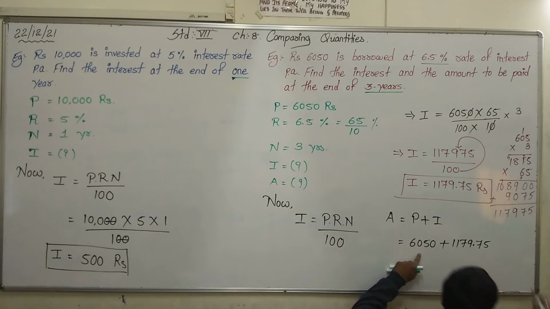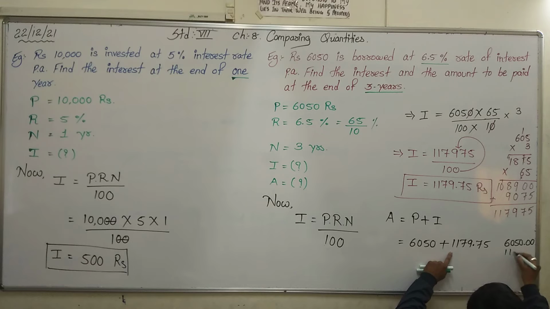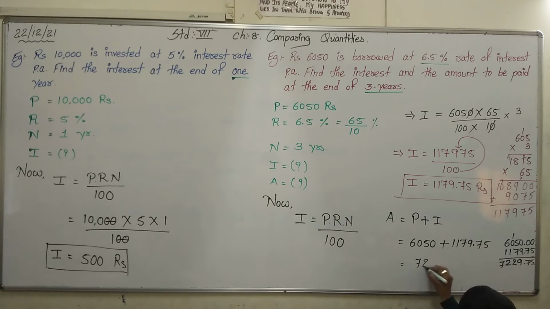This is a whole number, right? 6050.00. Do you understand? Whenever we come across a whole number, you can write it as .00. 1179.75. So 5, 7.9, 7 plus 5, that is 12. 1, 2, 6 plus 1, 7. So that is equal to 7229.75 rupees. That will be your final answer.